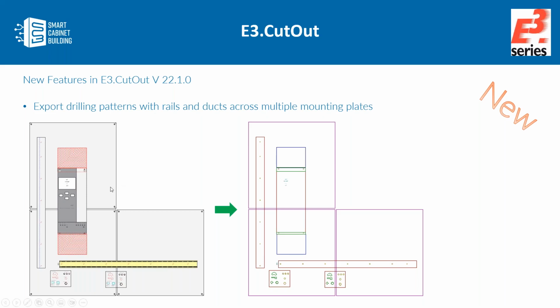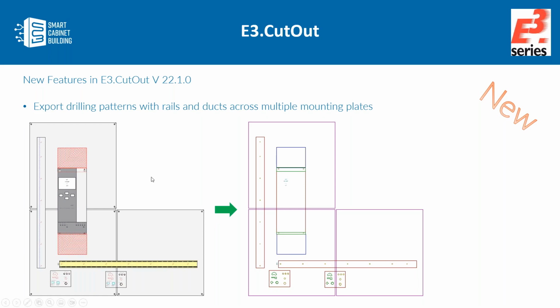If you have components placed on more than one mounting plate, it was a little bit tricky to get that in our old versions, but with the actual released version 22.1, now we have, I think, smooth support of this functionality.